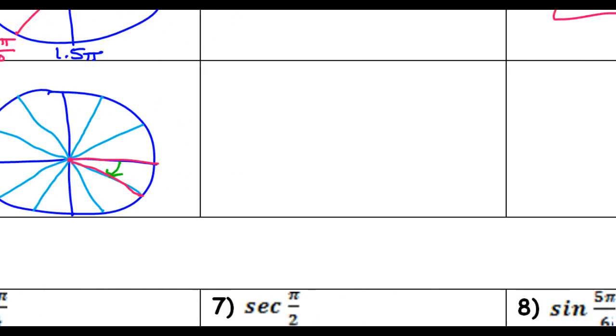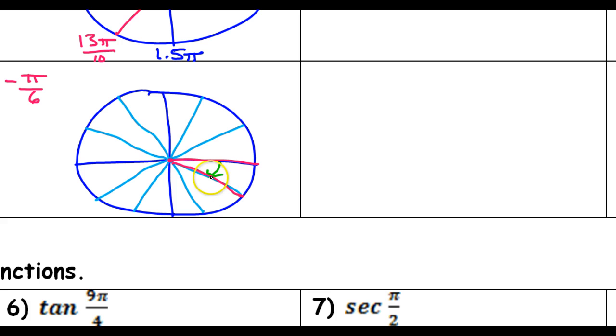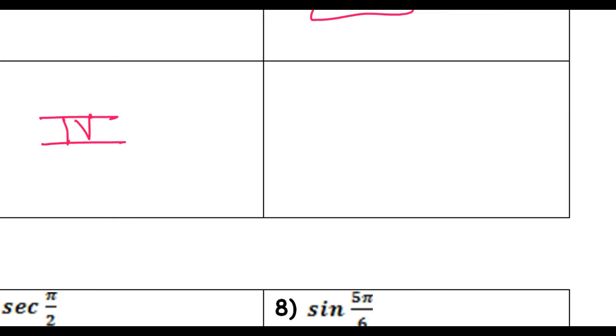So there you go. In this column we're supposed to say what quadrant we're in. So clearly this is the 4th quadrant right here. So, 4th quadrant. And because this is one of those special angles, we don't have to think about the reference angle.